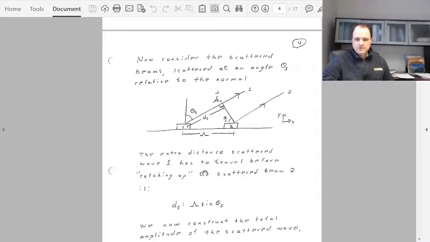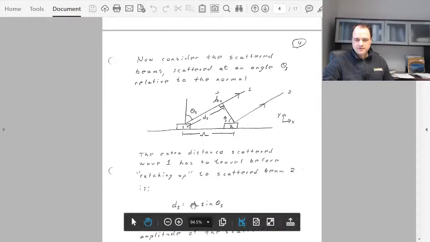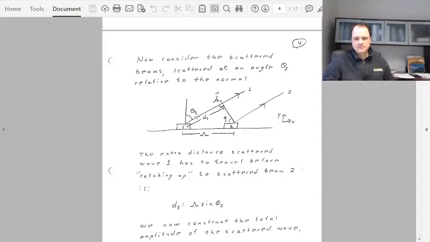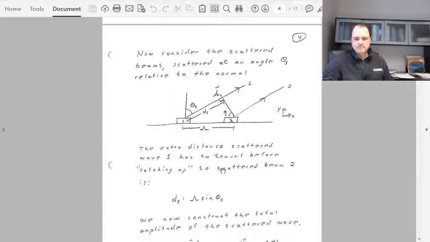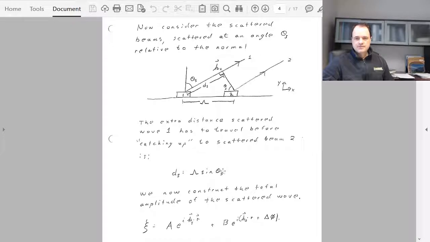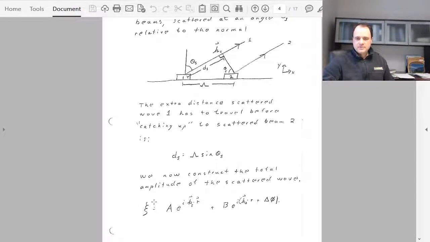So a little bit of geometry tells you that that distance there is capital lambda sine theta s, where theta s is the angle of scattering relative to the normal. All right? So the wave from scatterer 1 has to travel this additional amount. Okay? So now we construct the total amplitude of the scattered wave.